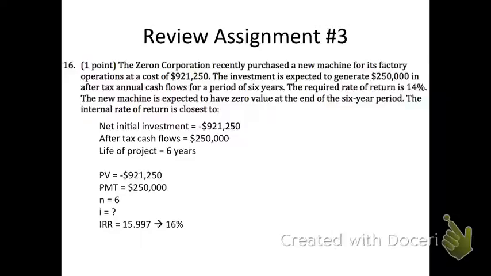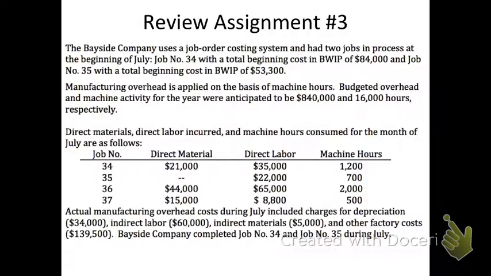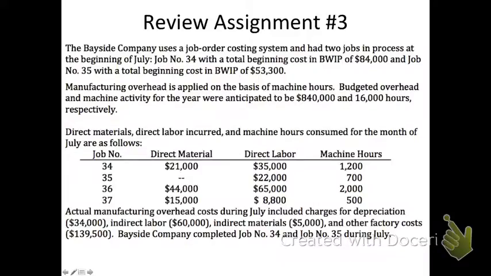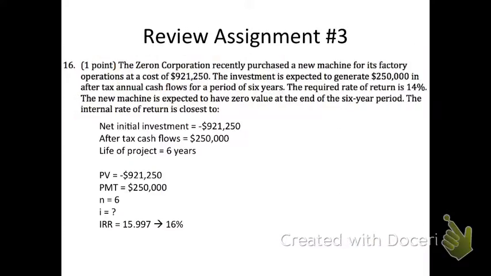And so this is a good problem to practice your net present value because really you can use the same information in your calculator. I don't have it down there. You can use the same information in your calculator and try to determine net present value. We'll go back. And so your net present value, and again, if your required rate of return is 14% and your internal rate of return is 16%, then you should actually have a positive net present value.